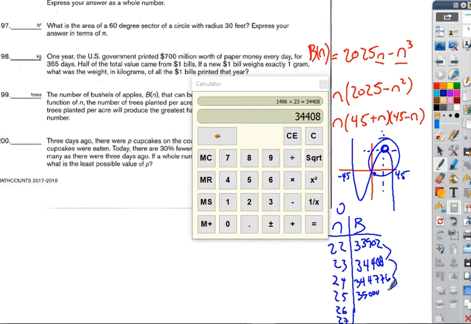At 26, we only include 74 more bushels, but 74 more bushels is better than not more bushels. And then at 27 trees per acre, we go back to 34,992. And so clearly, 26 trees per acre is going to be my optimum.